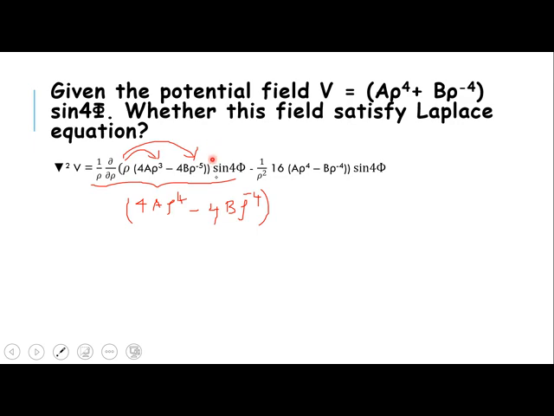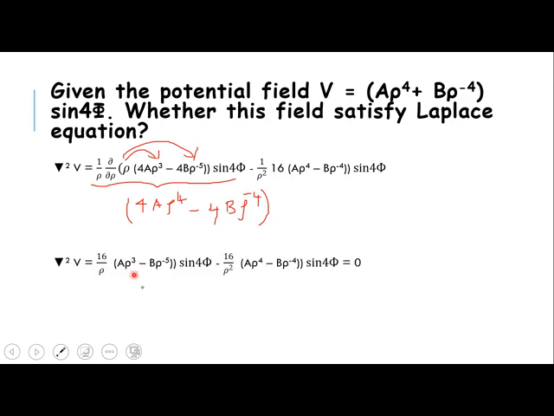Sine 4 phi will be constant with respect to rho, so I take this sine 4 phi outside of the partial differential, and I partial differentiate 4A rho raised to 4 minus 4B rho raised to minus 4. Once I partial differentiate this, I get 16A rho power 4 minus 1, that is cubed, plus 16B rho power minus 4 minus 1, that is minus 5.